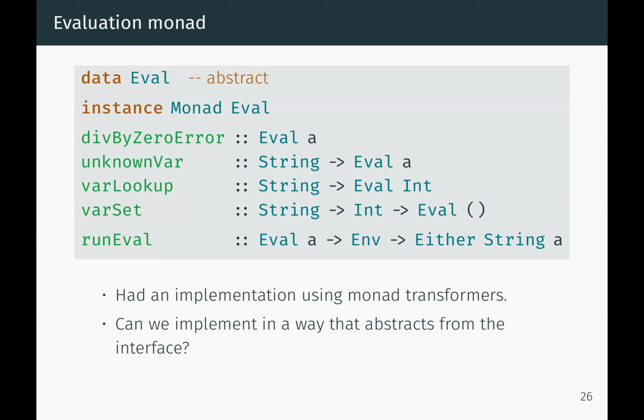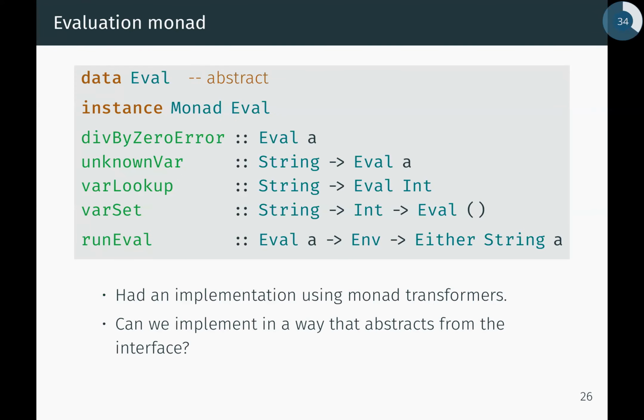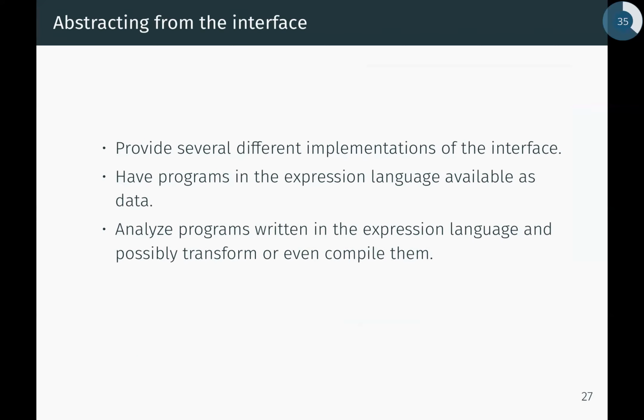And now the question is, can we define a type eval that is just abstract? It allows us to write this interpreter, but doesn't already tie it to an implementation. So basically an abstract version of the eval monad that is already a monad with all these operations, but not yet implemented as a concrete monad transformer stack.